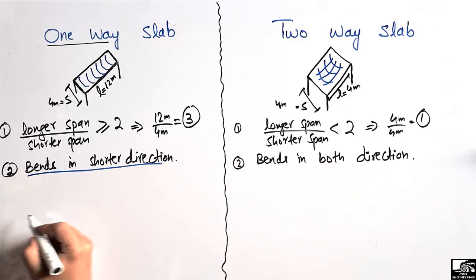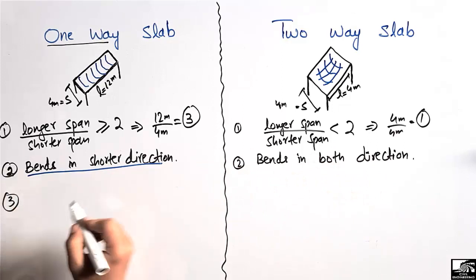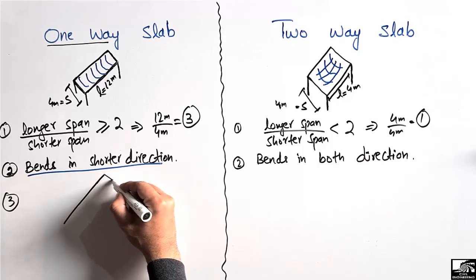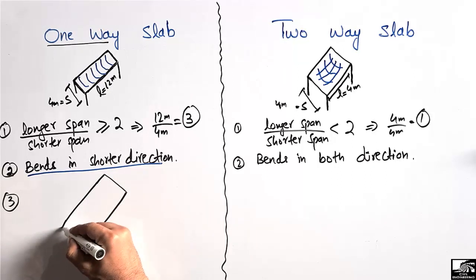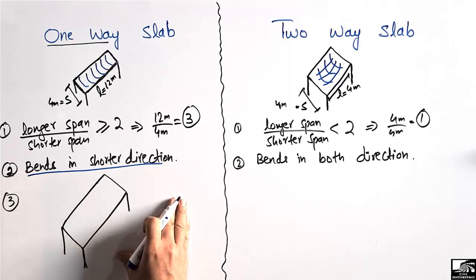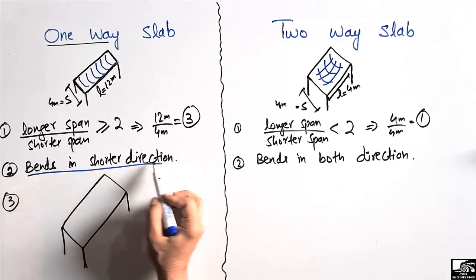Now the third difference is in the reinforcement. Let's suppose this is the slab, this is the one-way slab. The main reinforcement will be provided in the shorter direction because it bends dominantly in the short direction.